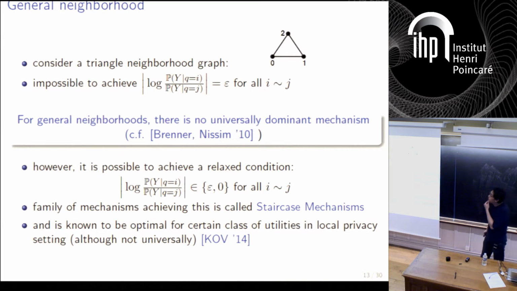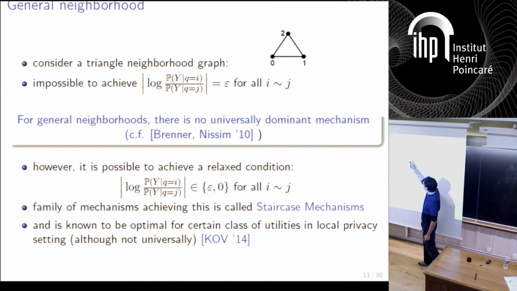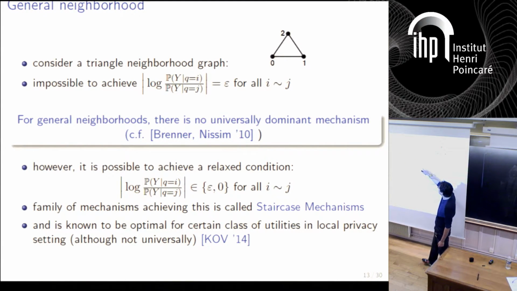But in general, for any general settings, perhaps your neighborhood is, let's say, a triangle, meaning you have 3 outputs, 0, 1, 2, and they're all neighbors. Whatever the query and whatever the database is, they all can change by changing one entry in the database. Then what you want, to achieve a triangle region, is that all the outputs given the actual database or query output that are neighboring have a ratio of e to the epsilon.